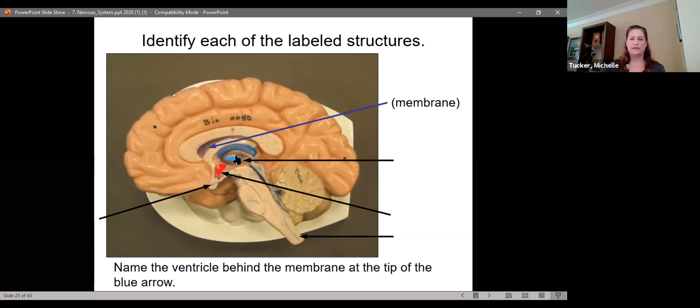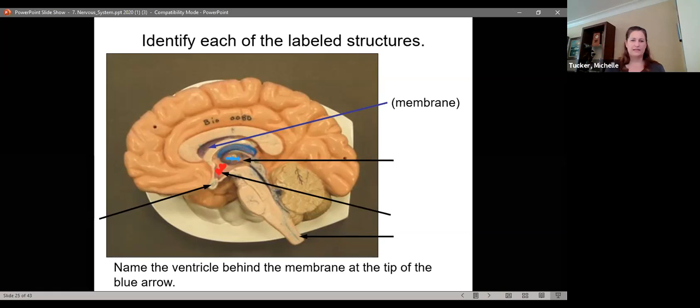It keeps the halves of the thalamus together. On a human brain model, it looks almost like a freckle, and it's always in the middle of the thalamus. On your thalamus, it might be offset, but in a human brain model, they always put the thalamic adhesion right in the middle.